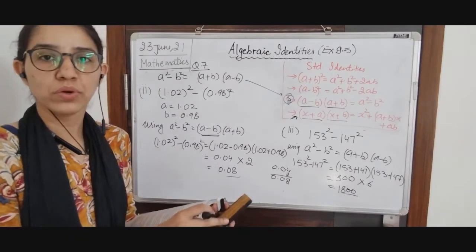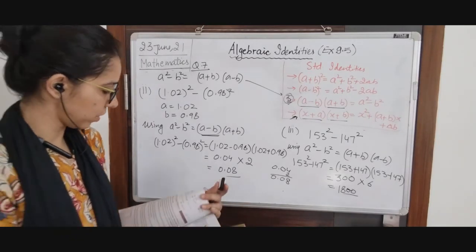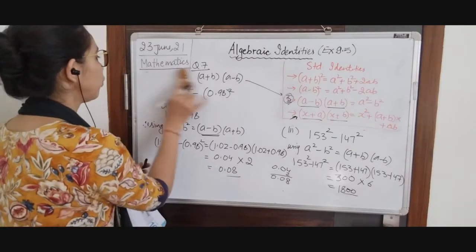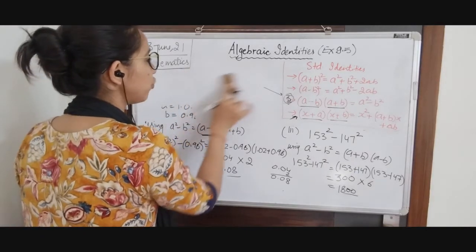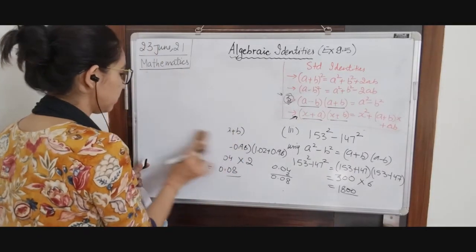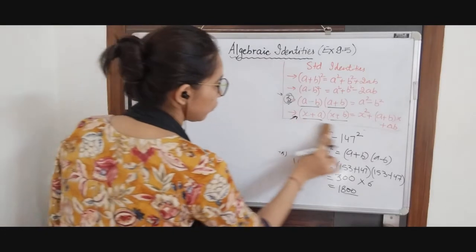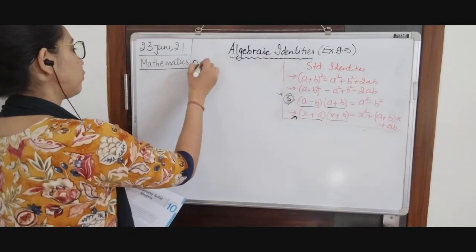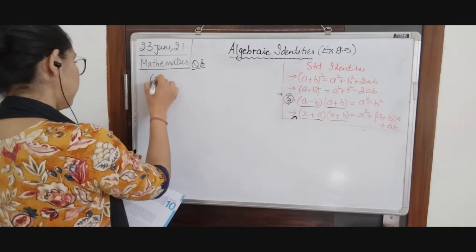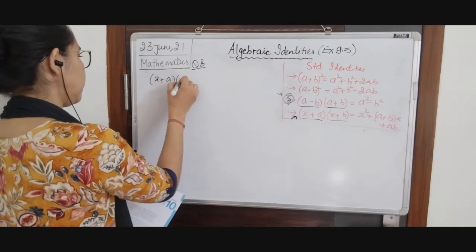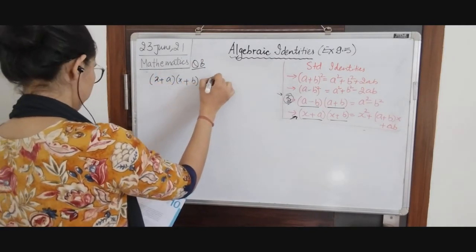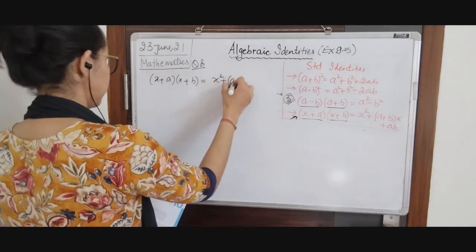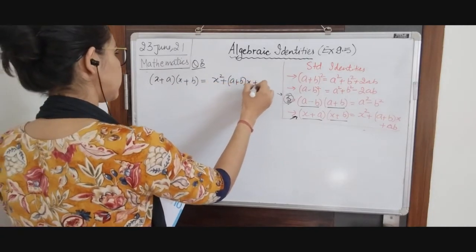Now we are going to do question number 8. In question number 8, as in question number 7, we are given the identity that we have to use, which is the fourth one, and we have to simplify the given expression. We have to use (x plus a)(x plus b) is equal to x square plus (a plus b)x plus ab.